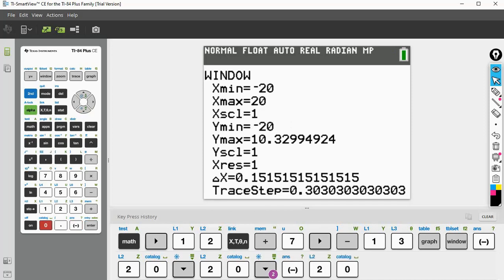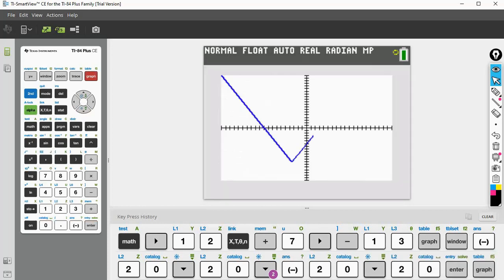Negative 20 and 20, and then graph. And there you go. So notice that we have two solutions in there. Obviously, just by looking at the graph, you can see that they are 3 to the right and negative 10 to the left. But let's verify that, right, using calculate.